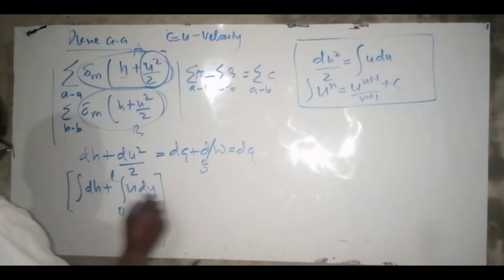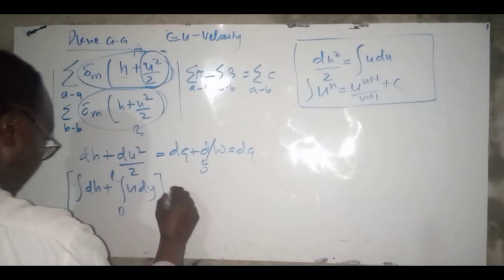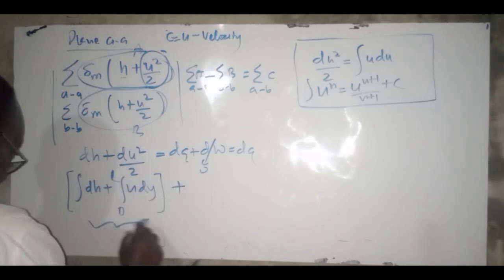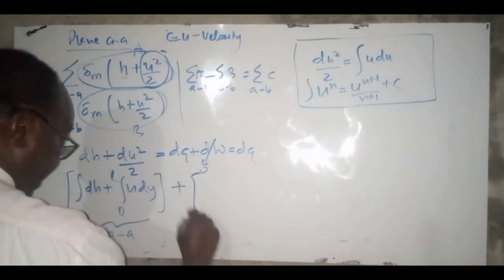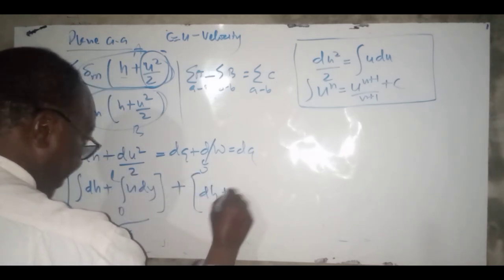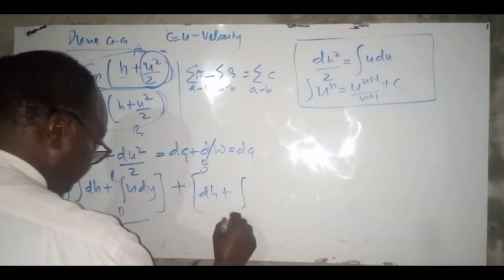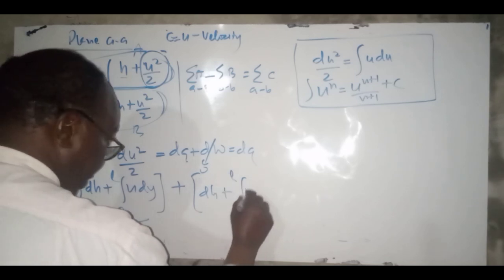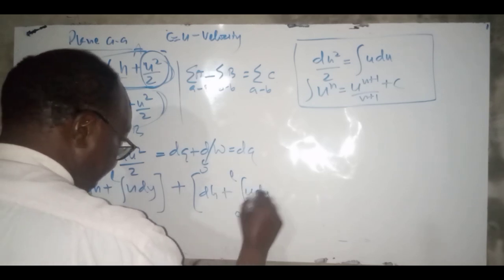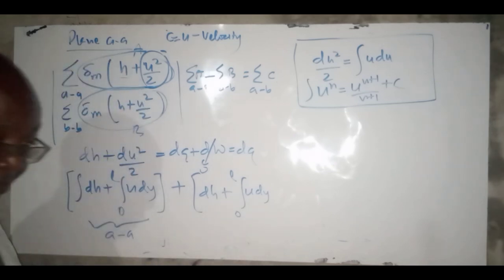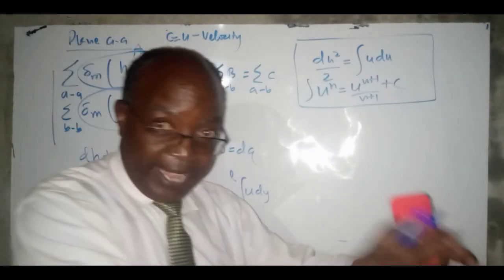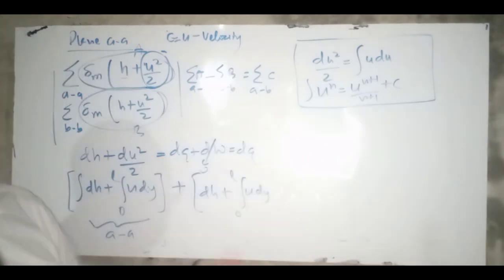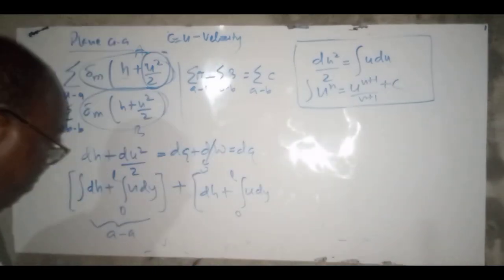And then we have plus, this is for AA, and then for BB we have again the integral of dH plus the integral from 0 to L of u dy. Remember we said there's a difference. The mass which entered and left are not the same, and that difference is what went through the plane AB.